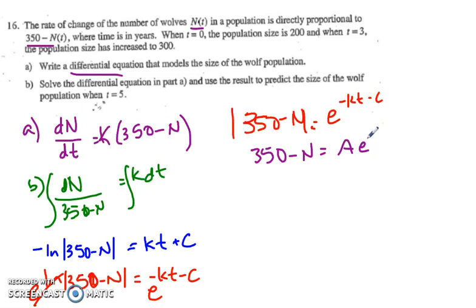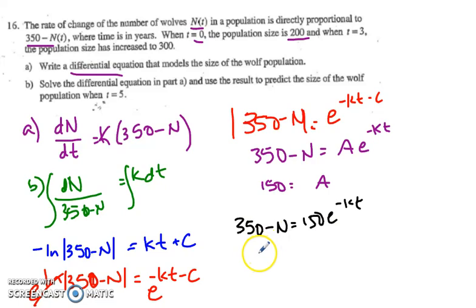So I have 350 minus n equals a e to the negative kt. We're told at time equals 0, there are 200 wolves in the population. So if I plug in time equals 0 and 200 on the left, I get that my a value is 150.